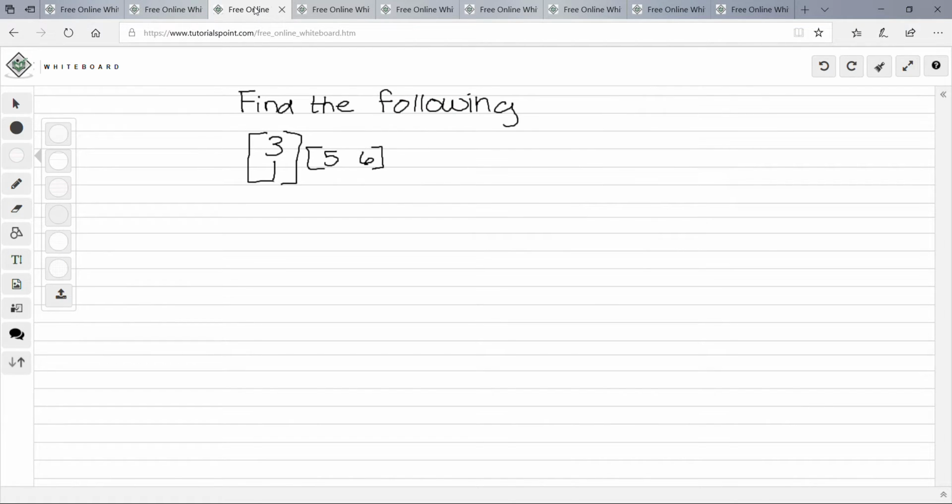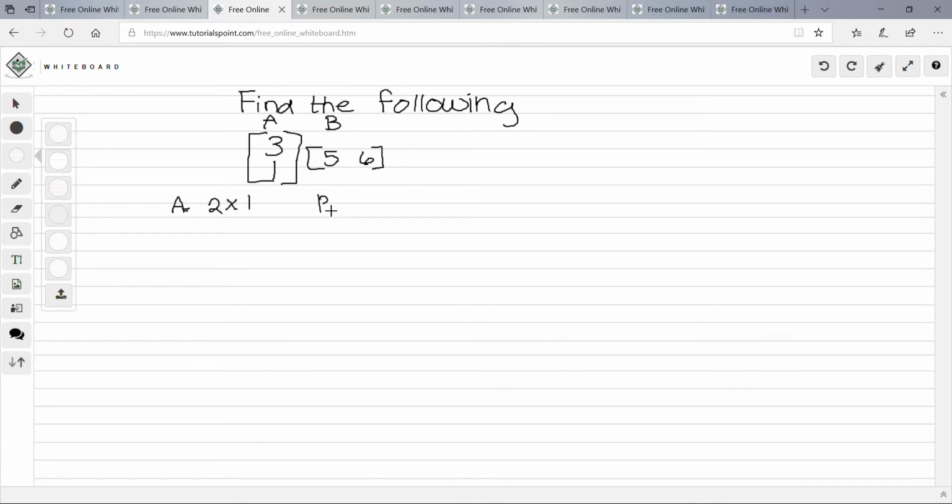So it now says find the following. We have a matrix. We have to multiply these two matrices, right? First I have to determine if it's possible. So we'll call this matrix A and we'll call this matrix B. Matrix A is what kind of matrix? It's a 2 by 1.